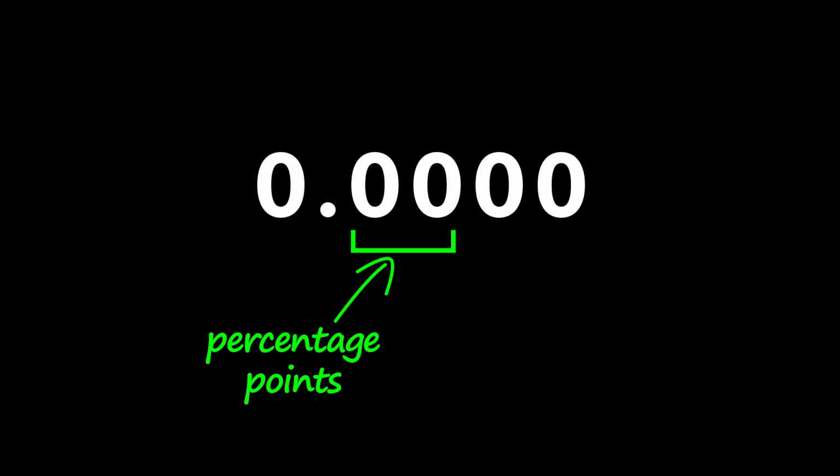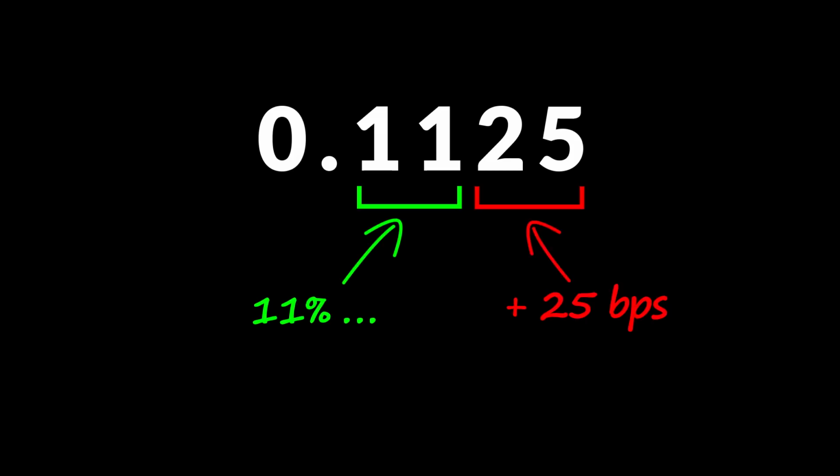Well, one reason is that this very neatly shows the percentage point and basis point components of a decimal rate. The first 2 digits count the percentage points, and the last 2 digits count the basis points. For example, a value of 0.1125 on your calculator is easily interpreted as 11% plus 25 basis points, or 11.25%.